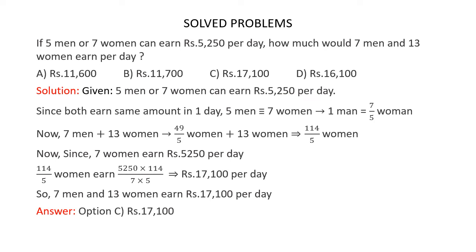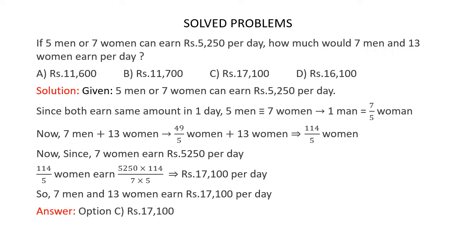Now since both earn the same amount in one day, 5 men are equivalent to 7 women. This means 1 man is equivalent to 7 by 5 women.